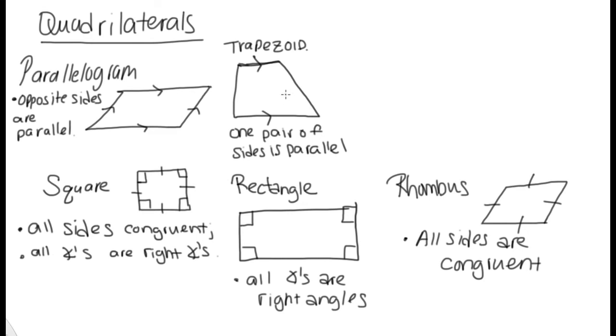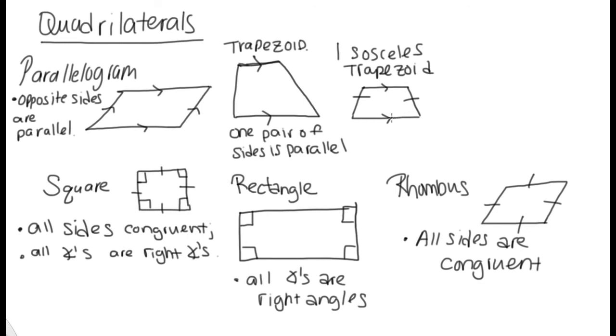An isosceles trapezoid, since we already know that a trapezoid has exactly one pair of sides parallel, we should see at least one pair of sides parallel. And based off of our definition from isosceles triangle, we should remember that isosceles meant that there were two congruent sides. So here we would have these two sides are parallel, and these two sides are congruent.